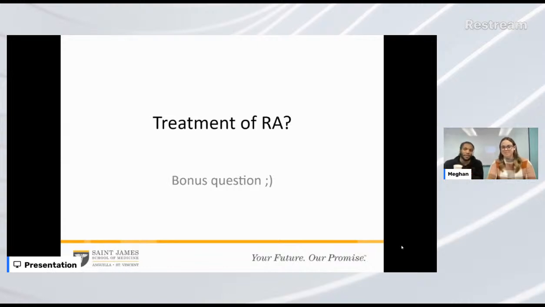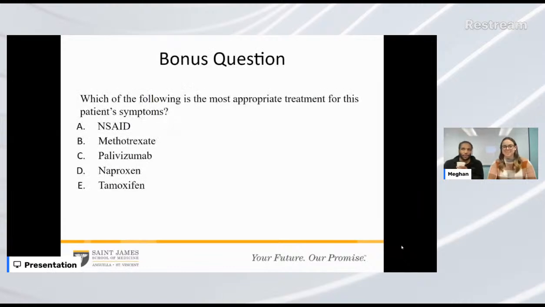But like Megan had mentioned earlier, we have a bonus question for you. Which of the following is the most appropriate treatment for the patient's symptoms? So we had the female who was having stiffness in the morning that was better throughout the day. She's having joint erosions and joint space narrowing on X-ray, and she's got swelling and tenderness of her metacarpophalangeal and her proximal interphalangeal joints.